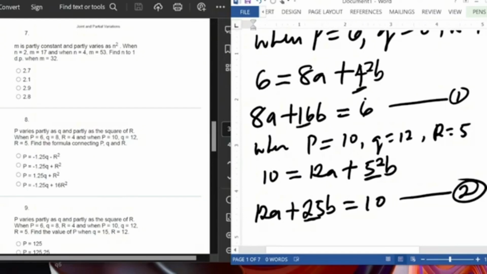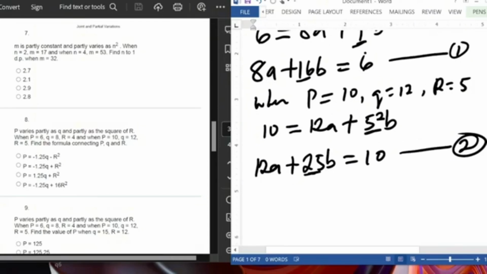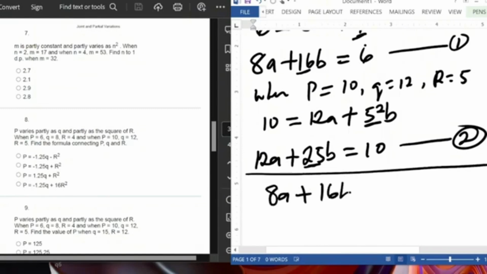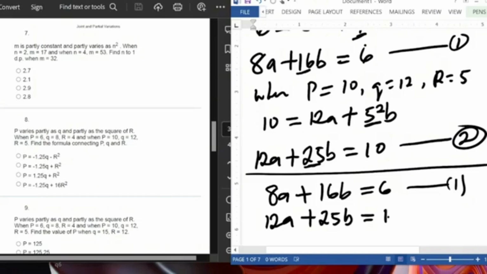So the next thing is now to combine the two equations together and solve them simultaneously. So in that case, let me rule this one out. That's going to have 8A plus 16B equals 6, equation 1. And then this other one, 12A plus 25B equals 10, equation 2.